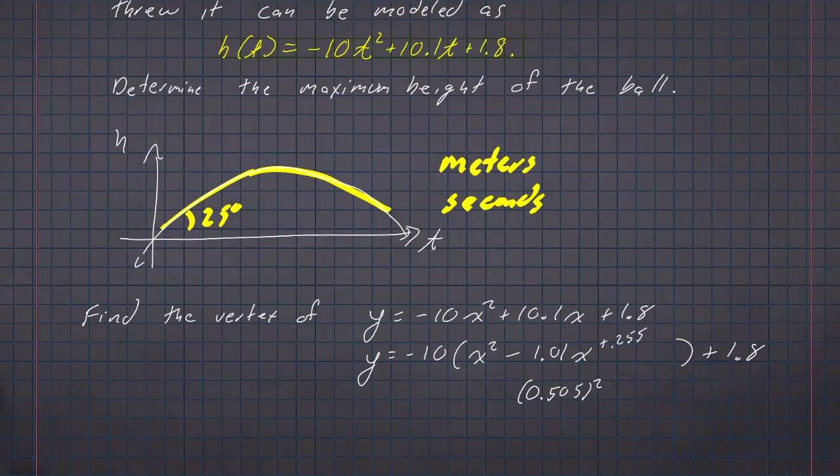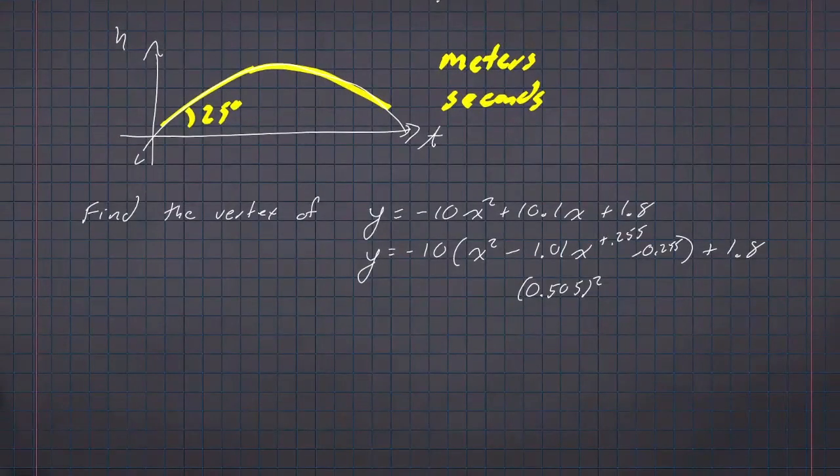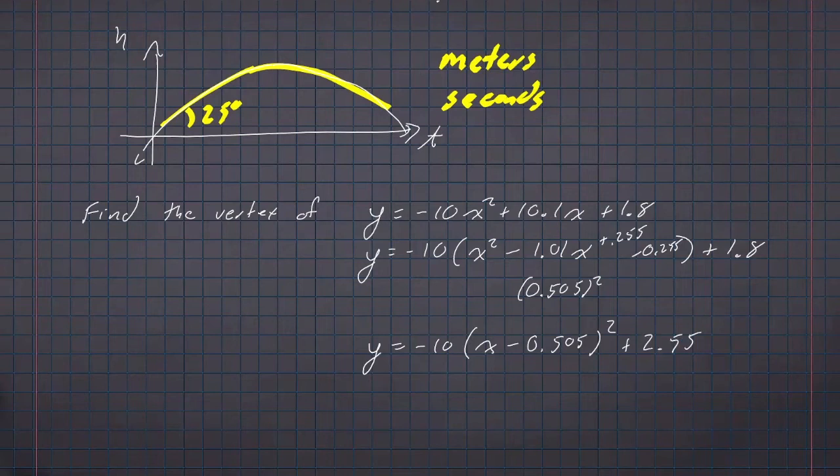So I add 0.255, and I also subtract 0.255, and I get y is negative 10 times x minus 0.505 squared, and then I'm going to have minus 10 times minus 0.255 is positive 2.55, and of course plus 1.8 as well.